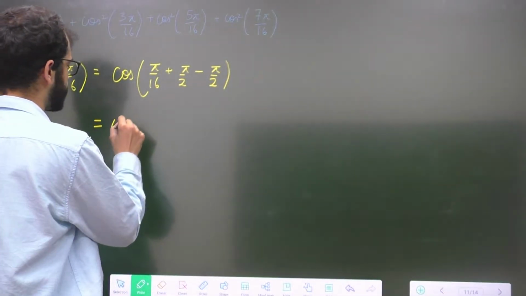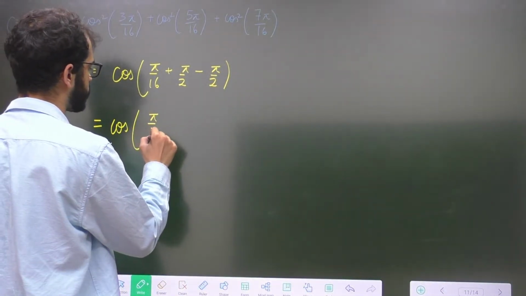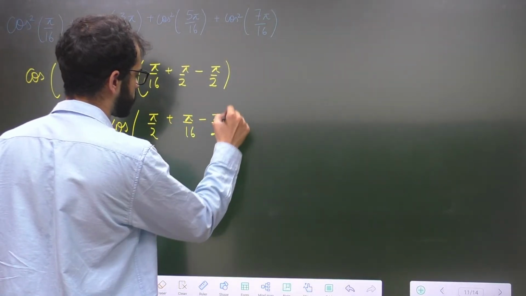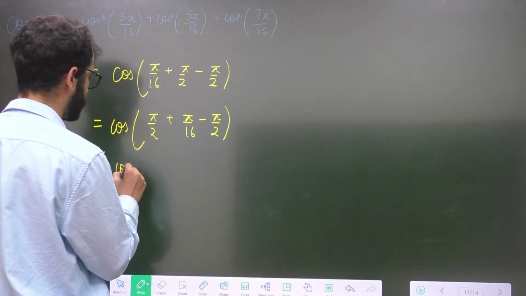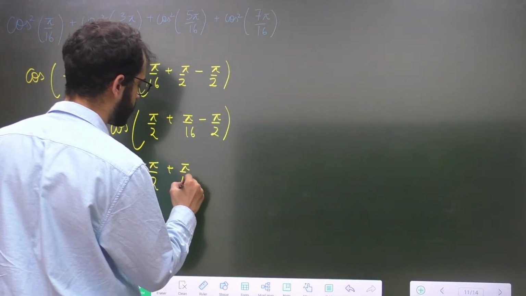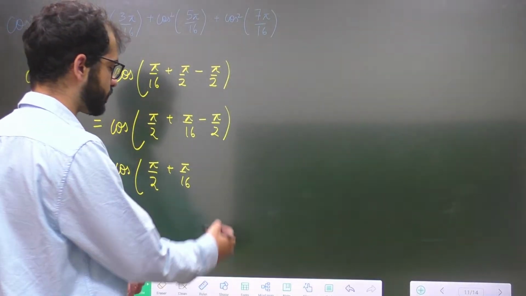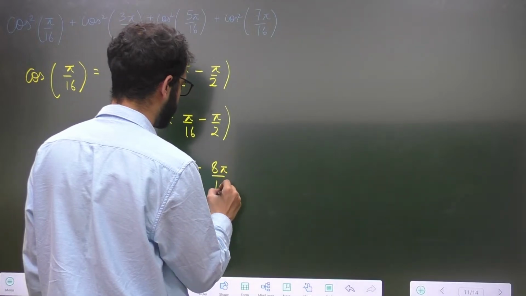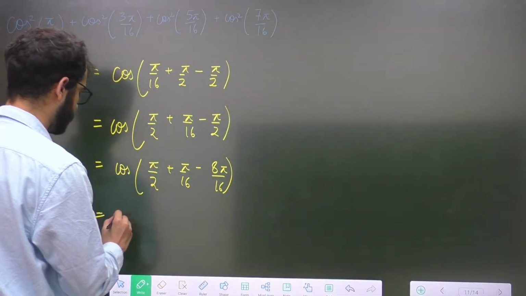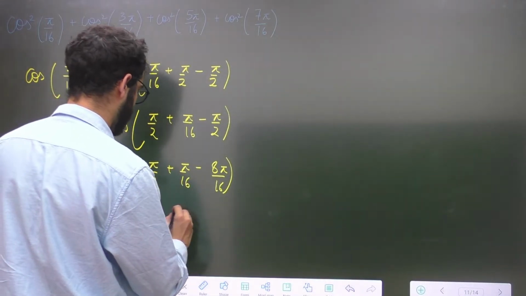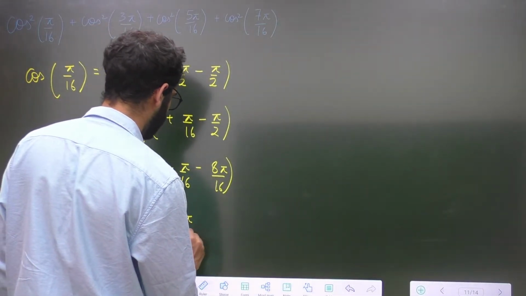So, I can say that cos of pi upon 2 plus pi by 16 minus pi by 2. So, now I'll write it as cos of pi by 2 plus pi by 16. If I want a common denominator, I'll multiply numerator and denominator by 8 and I'll write 8 pi by 16. This is equal to cos multiplied with pi by 2, this becomes minus 7 pi by 16.